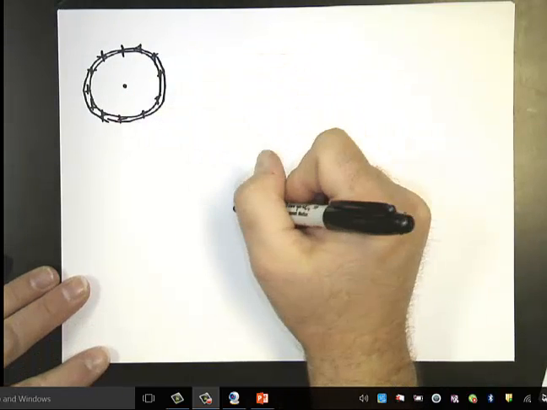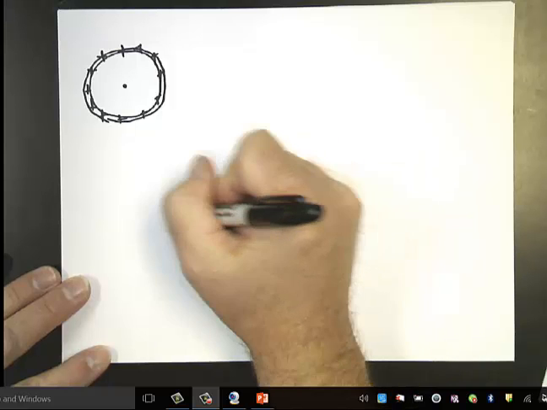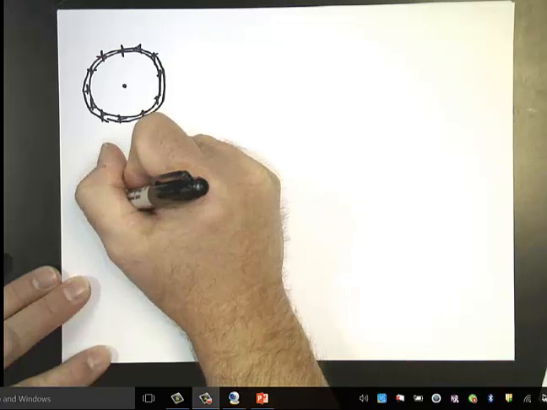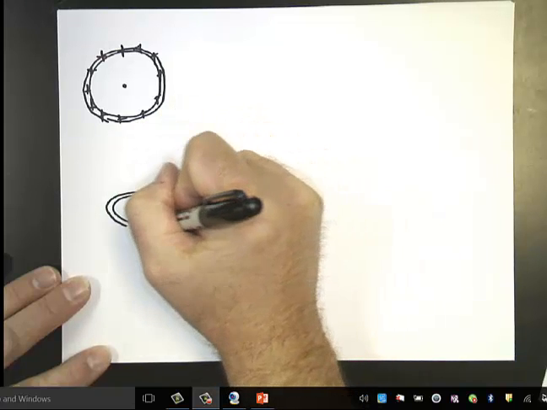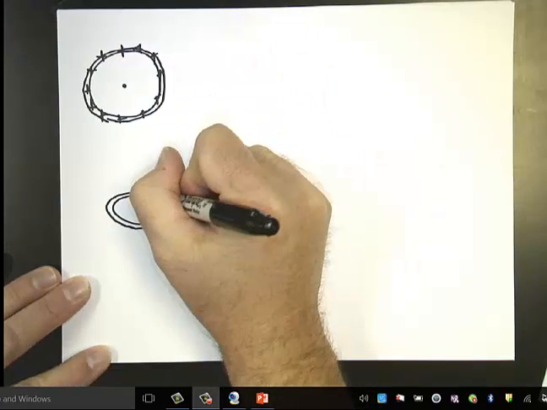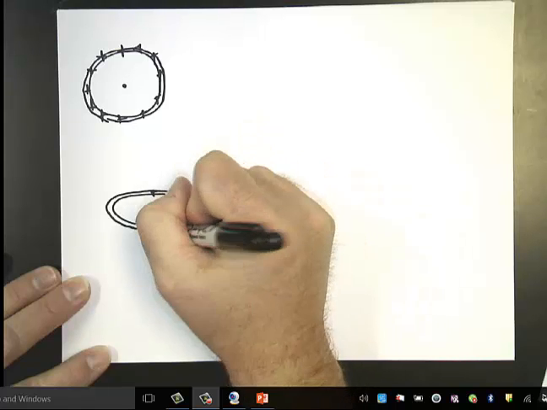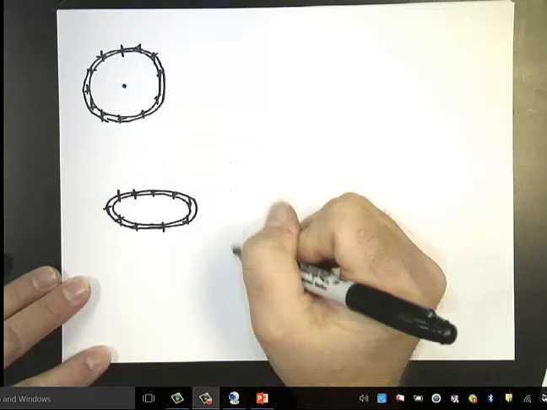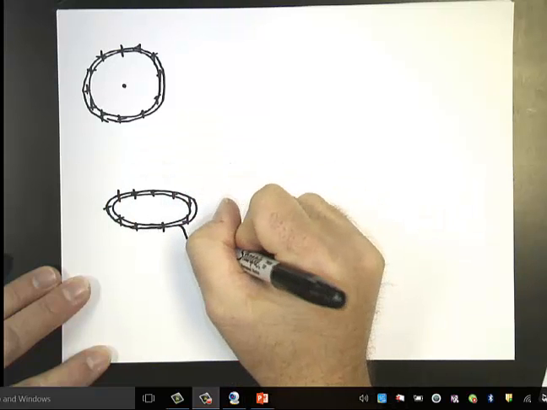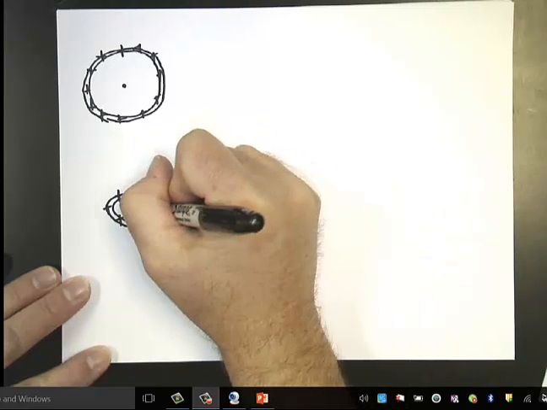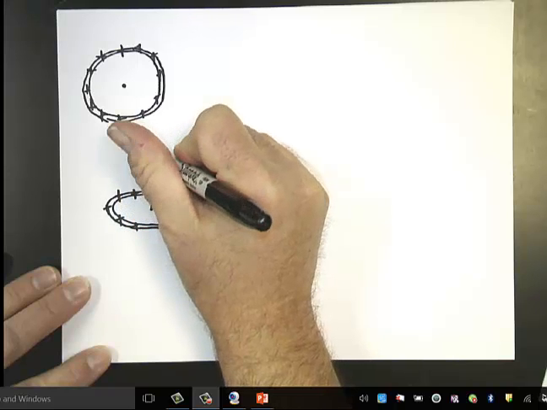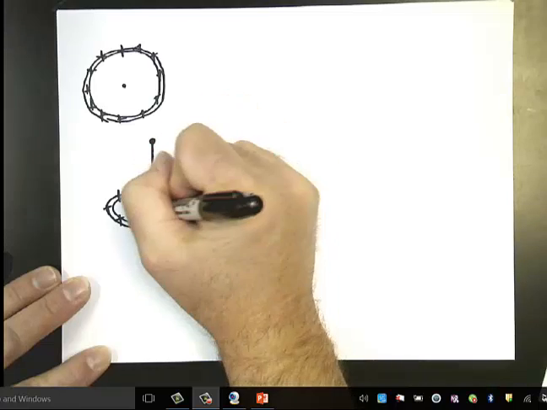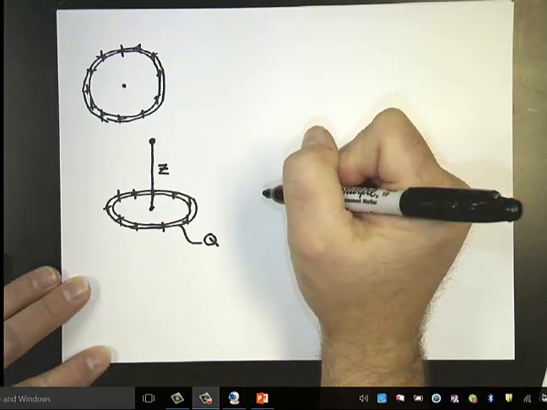So what we're going to do is look at this ring kind of in perspective. Okay, it's still the very same ring. We're just looking at it off to the side. Let's say it's got a total charge Q on the entire ring. From the center, we'll go up to some point, distance Z from the center of the ring.